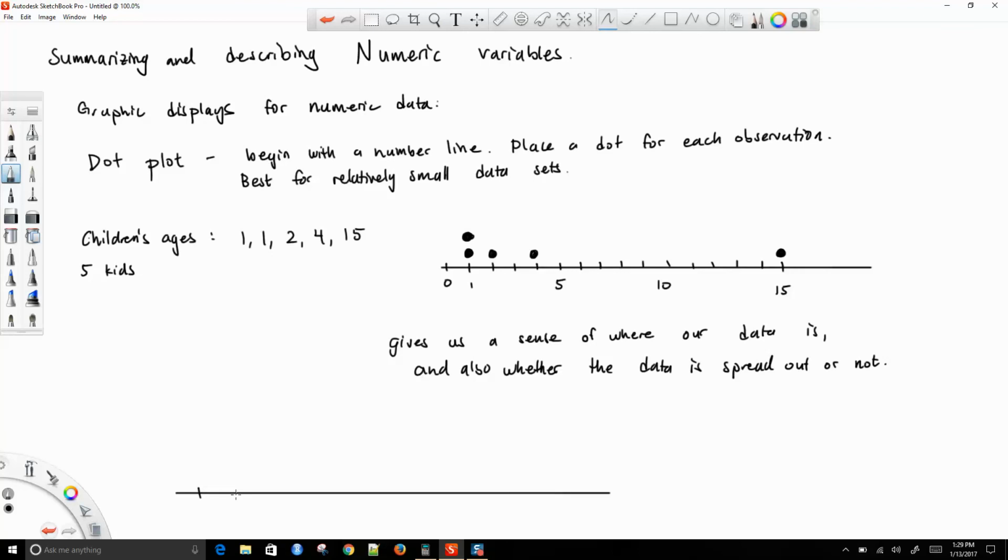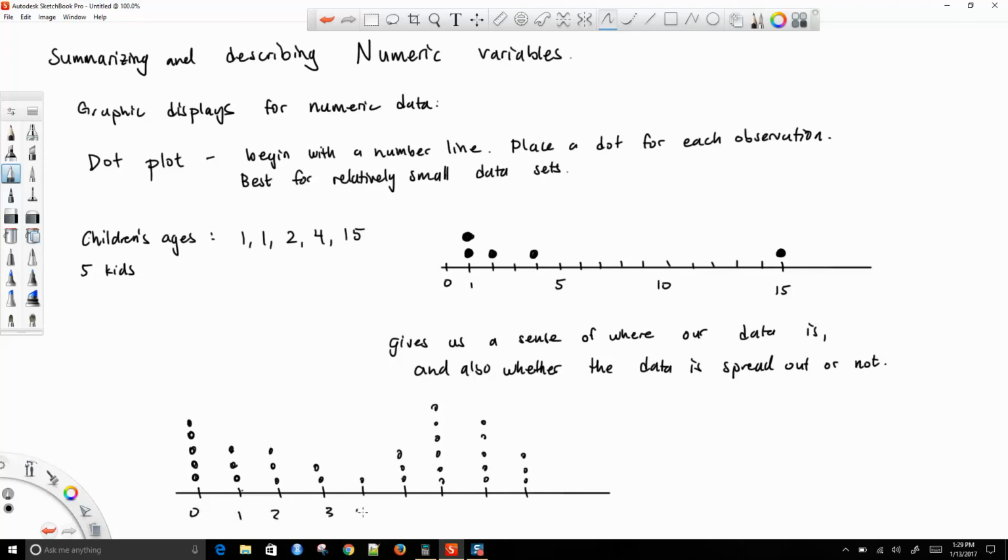You could just imagine, I'm going to make up another data set here with more dots without writing out every single value. So you could have something that looks like this. Something like that, and so we can see there's a lot of values at whatever this is.